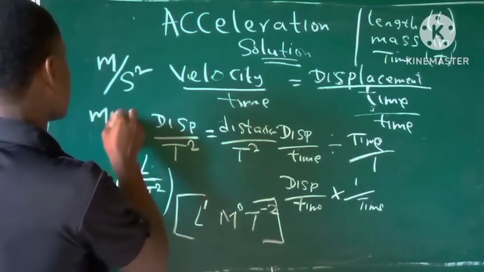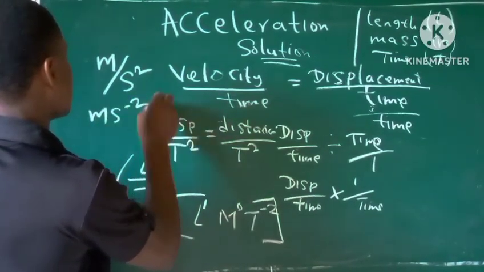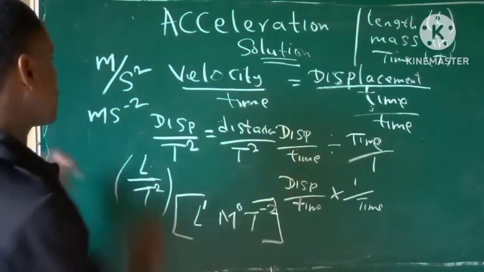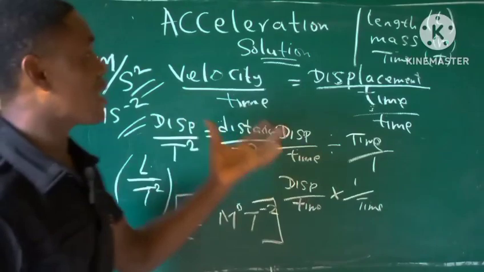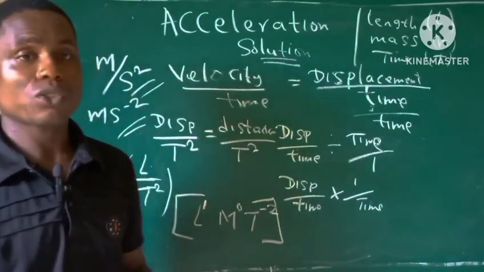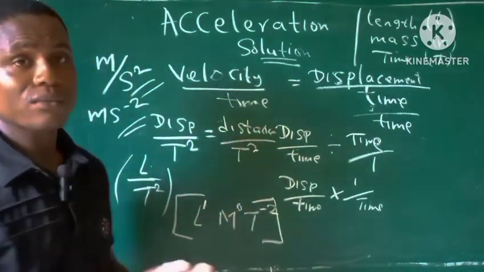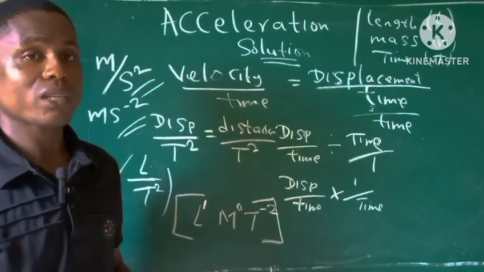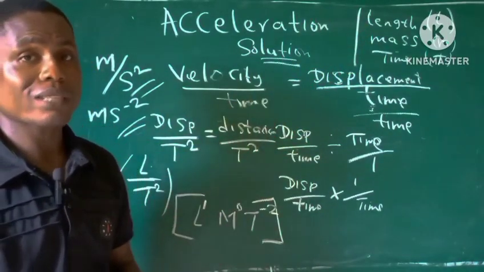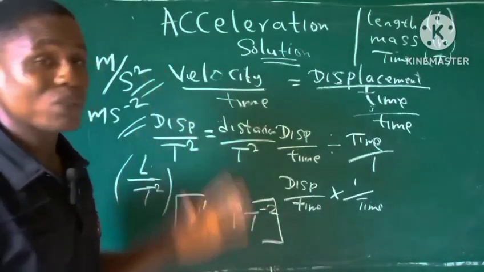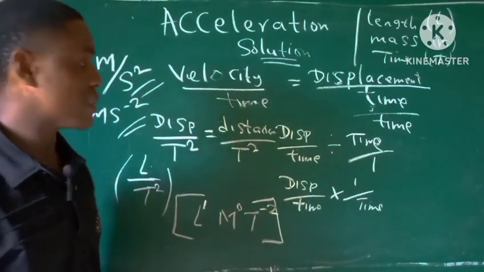Or you can still write it this way: meter second raised to -2, the same thing. So this is how to calculate the dimension of various physical quantities in physics. It's very simple. These three quantities are the approved physical quantities used in writing down the dimension of any quantity in physics.